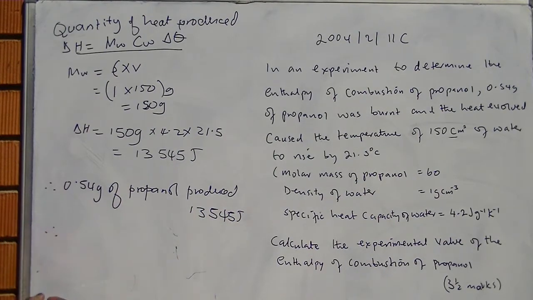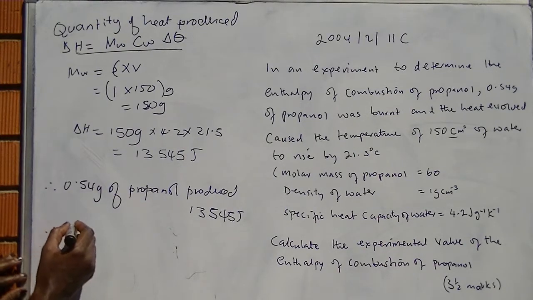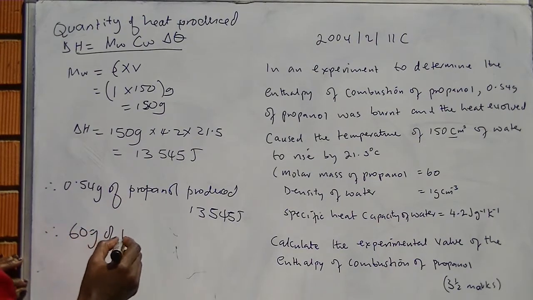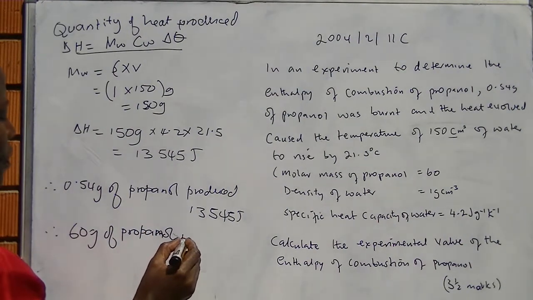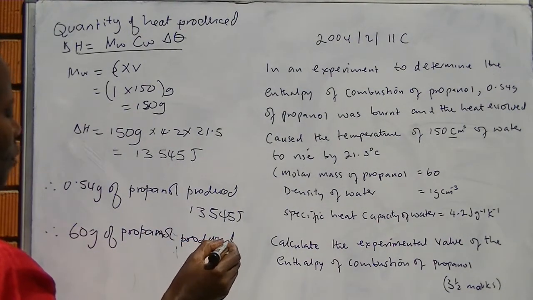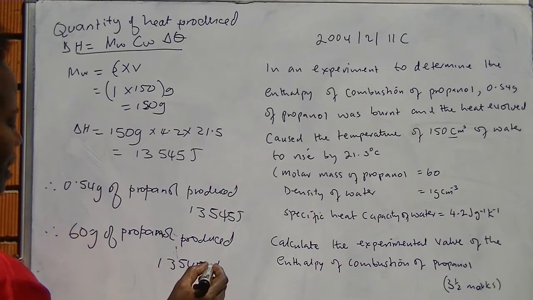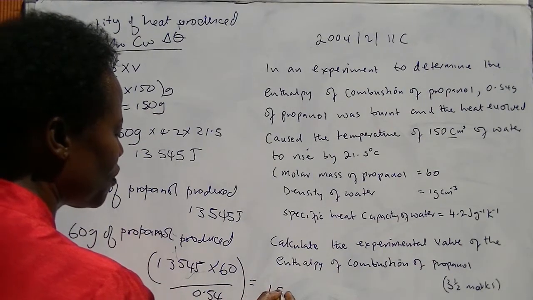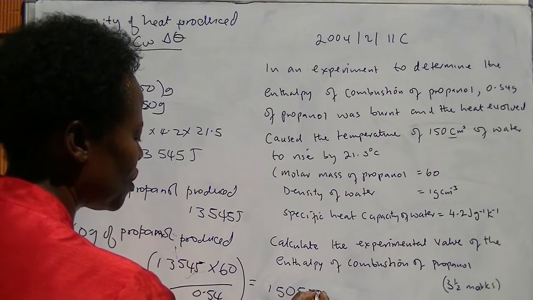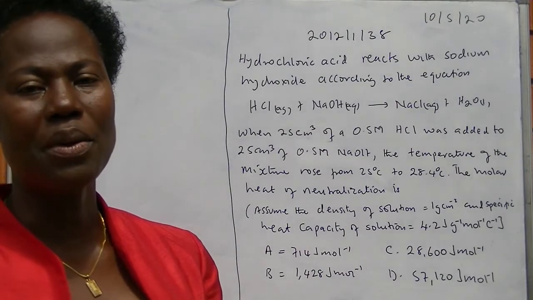What about the molar mass of propanol, 60 grams of propanol produced? We cross multiply: 13,545 times 60 over 0.54, which is equal to 150,500 joules per mole.